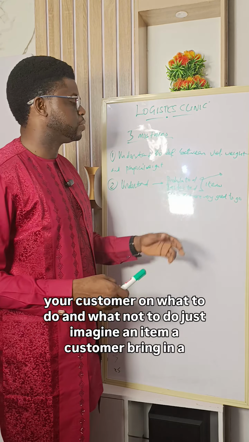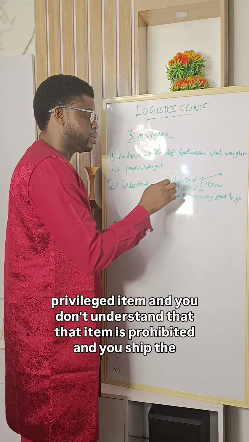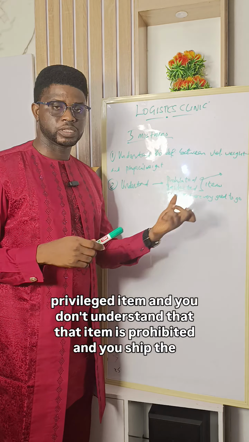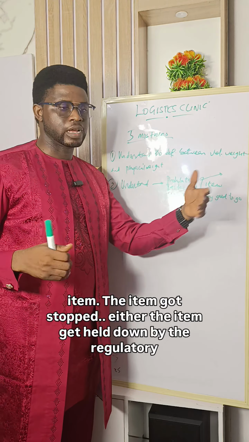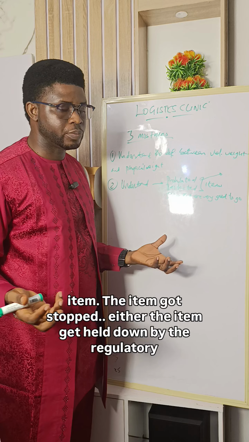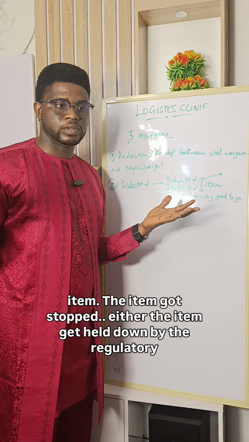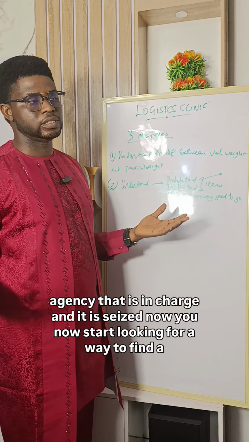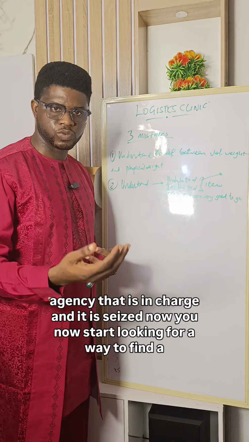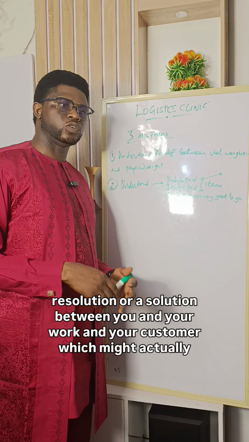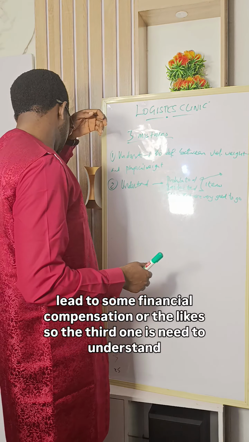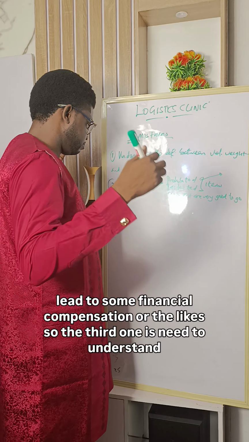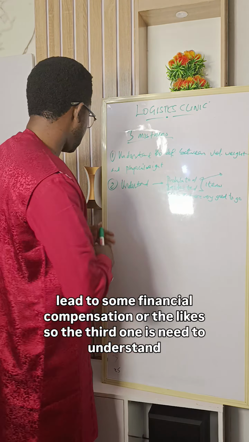Just imagine a customer bringing in a prohibited item, and you don't understand that that item is prohibited, and you ship the item. The item got stuck, either held down by the regulatory agency that is in charge, and it is seized. Now you start looking for a way to find a resolution between you and your customer, which may actually lead to some financial compensation or the likes.